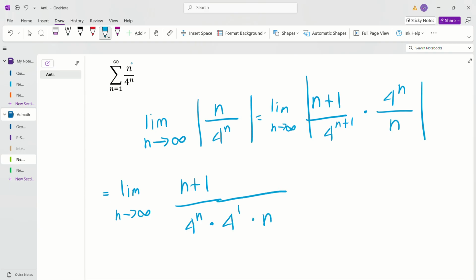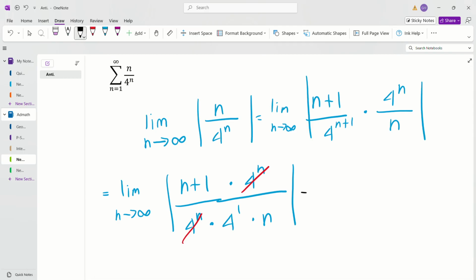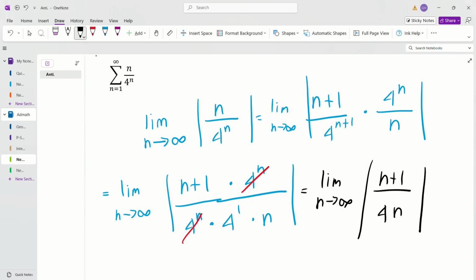I forgot this 4 raised to n here in the numerator, so we can cancel this out. Further simplifying, we have the limit as n approaches infinity of the absolute value of n plus 1 over 4n.